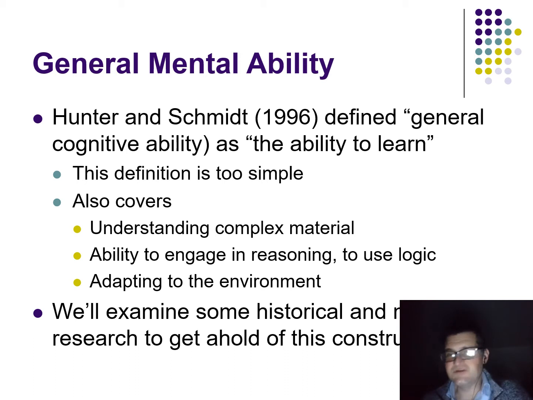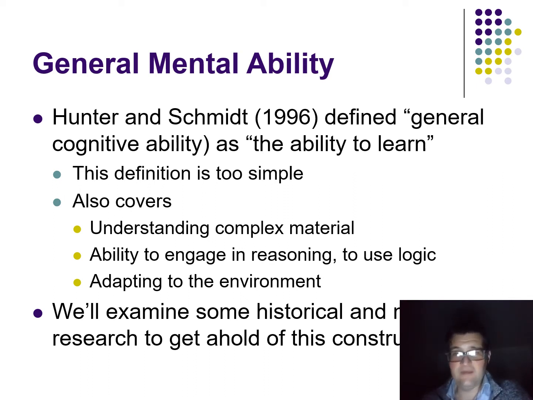So Hunter and Schmidt in 1996 defined this concept as the ability to learn, but that's still too simple, because somebody who we would agree is intelligent understands complex things. It's not just that they can learn; somebody who can learn lots of simple things is not as intelligent as somebody who spends a lot of effort on learning one very complex thing.